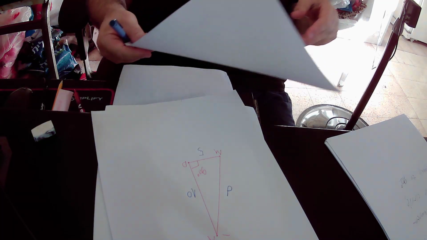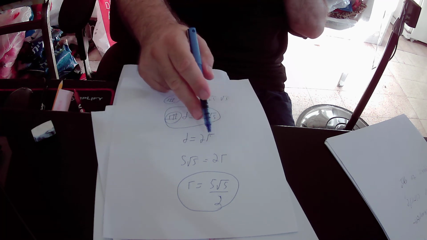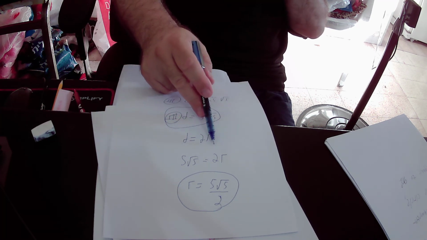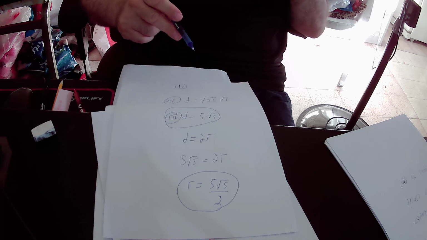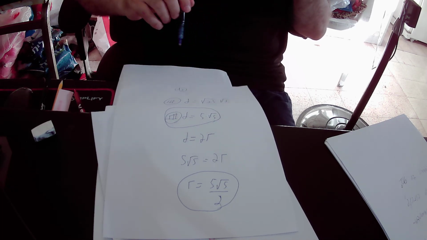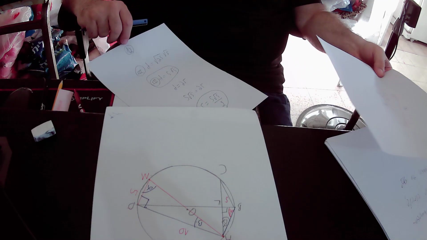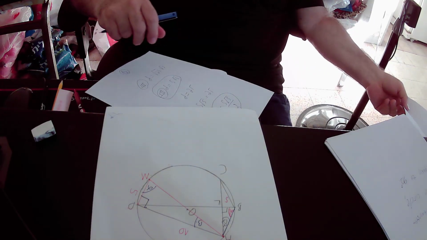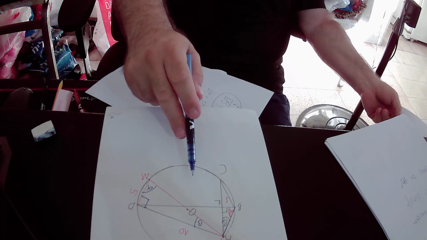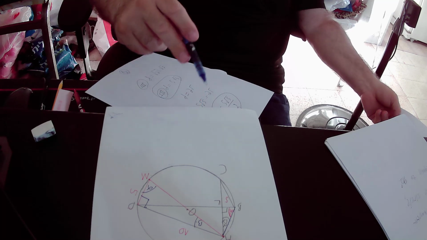So the answer to the question is that the radius of this circle equals 5 times root 5 over 2.